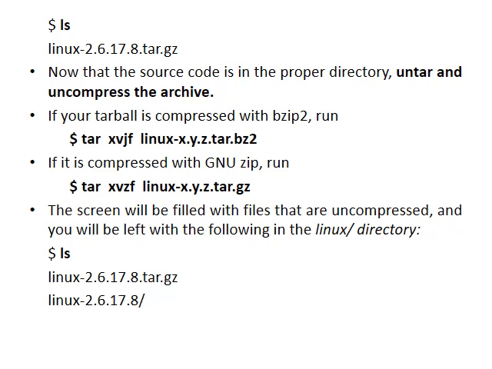Now, after decompressing it, if you look at the directory listing, it will comprise a directory where the entire tarball will be uncompressed. As Linux 2.6.17.8.tar.gz will be uncompressed in the Linux 2.6.17.8 directory under the Linux directory which you have currently created.